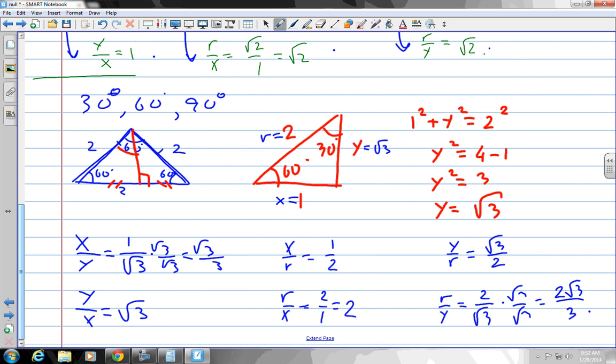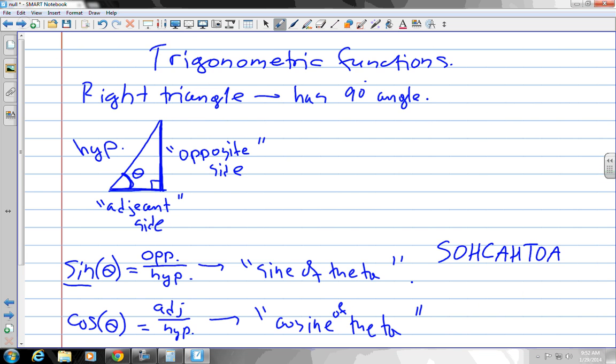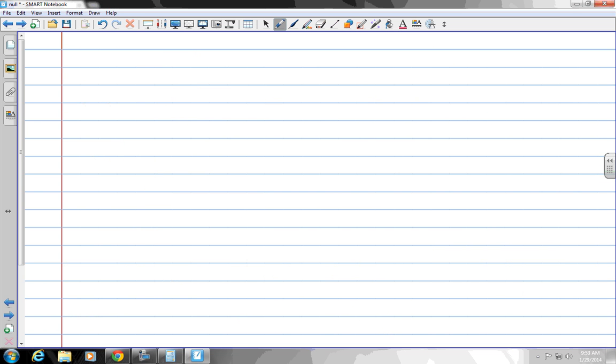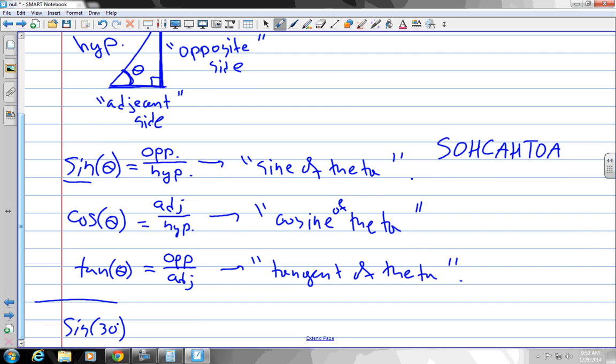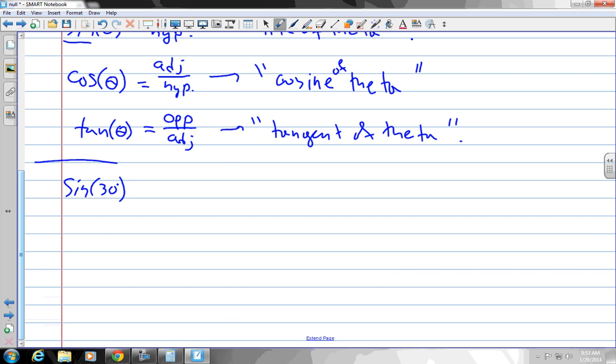Here is the 30-degree angle. Sine of 30 degrees is the ratio of the opposite side to the hypotenuse. So it's 1 over 2. So it's 1/2.